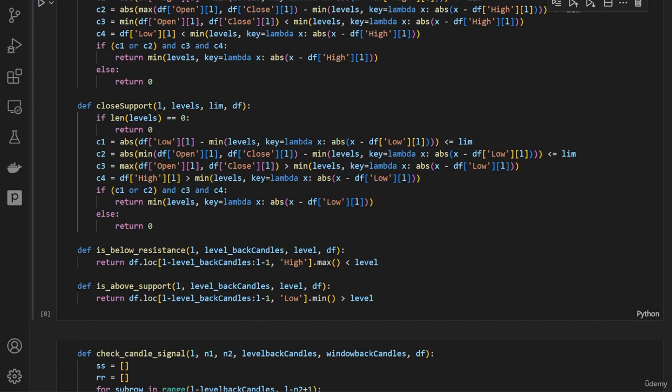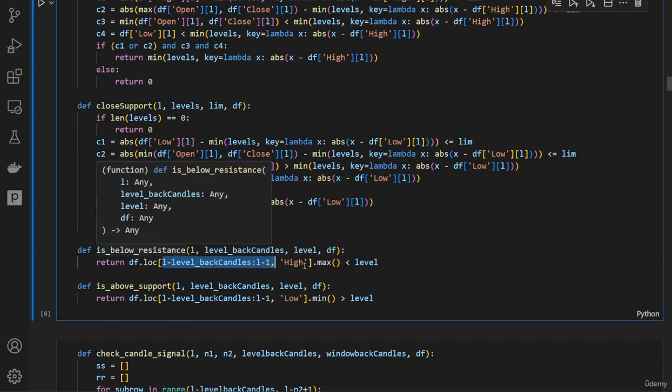The logic is the following. The function checks whether the maximum high price in the preceding level back candles, the time window defined by the level back candles parameter, is below the specified resistance level. In other words, we're checking if all the previous candles within this window are below the resistance level.